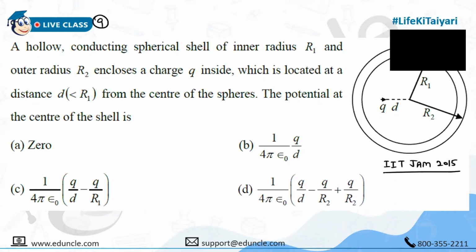Sir, it should be Q by R1, right? Q by R1, Q upon D minus Q upon R. Yes, there is something wrong in the option. In one option R1 will come.